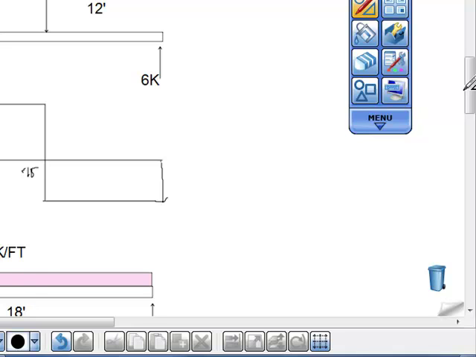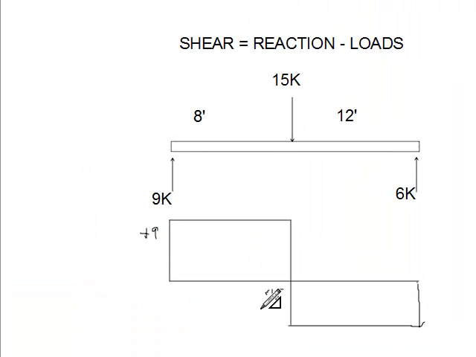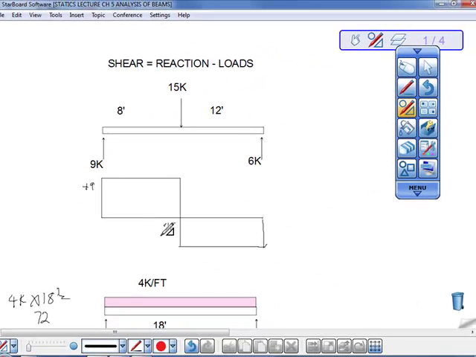That in red. Okay, so, a moment diagram on a concentrated load. Where's the moment going to be the most? At 0, where the shear equals 0. So you can overlay your moment diagram on your shear diagram, or you can draw it below it. It's up to you.